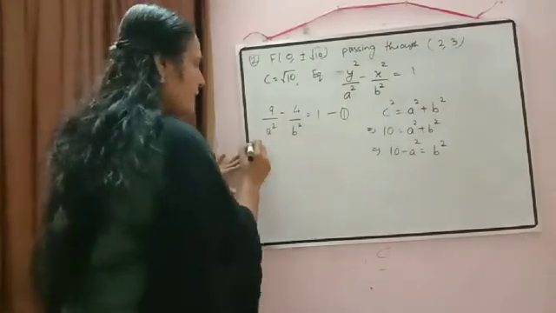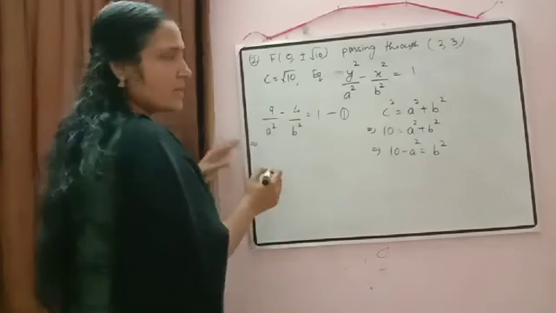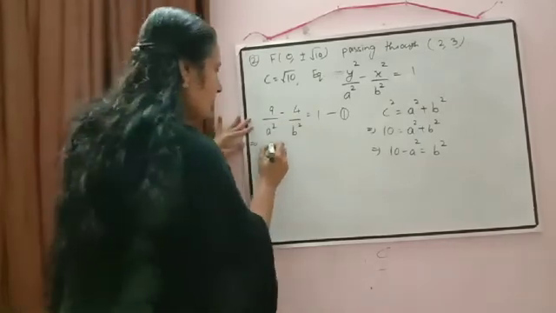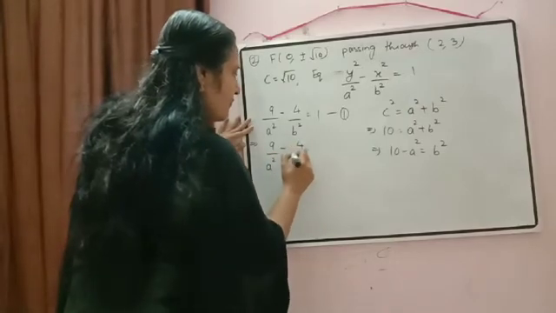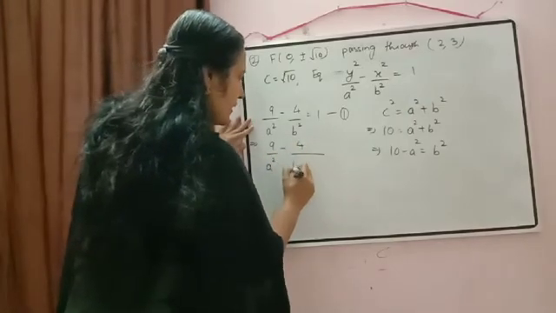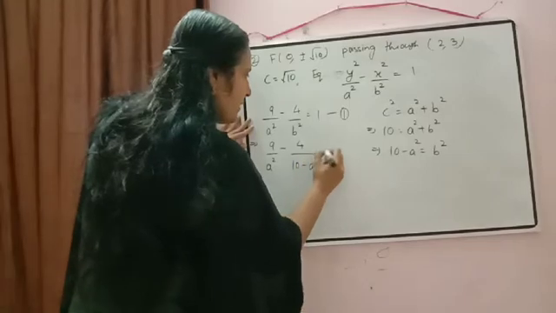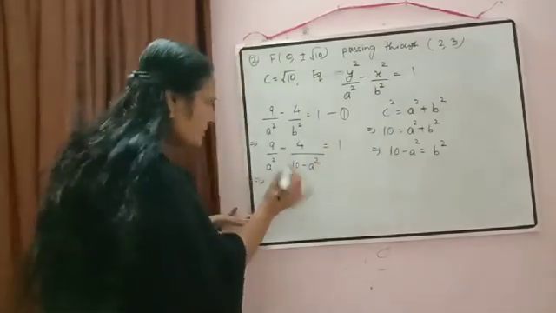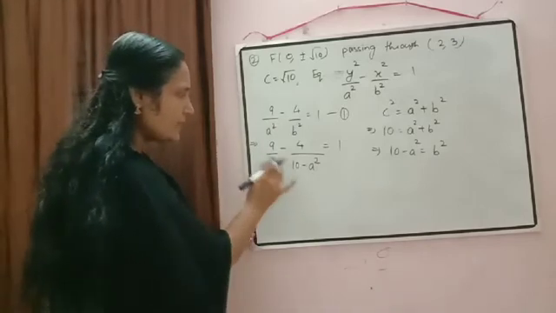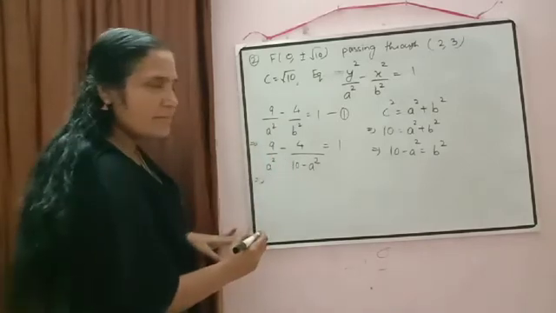Now substitute the value of b square in equation 1 there. Then what will come? 9 by a square minus 4 by, in place of b square we are going to write 10 minus a square, is equal to 1. Now do the cross multiplication, then we will get here 9 will be multiplied by both.